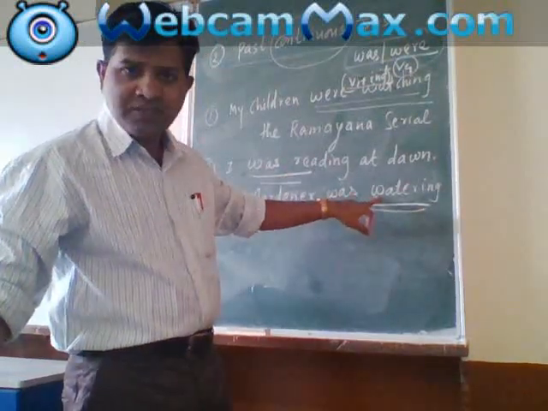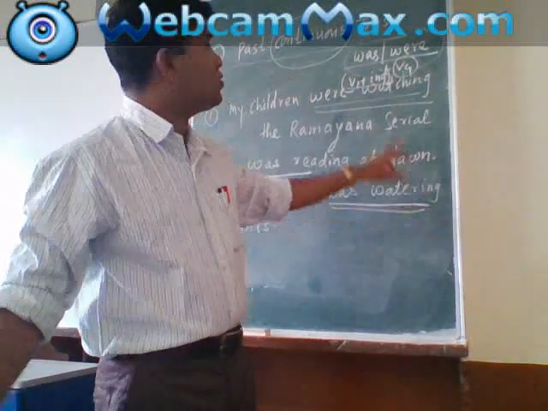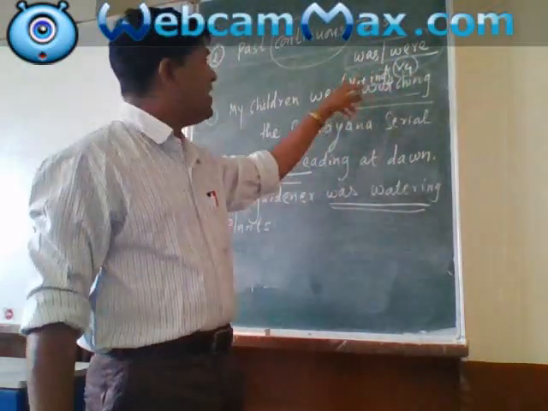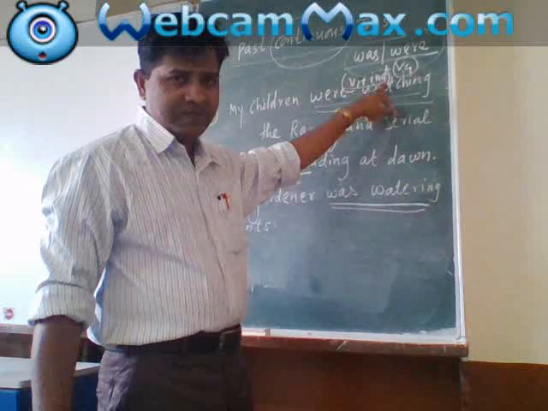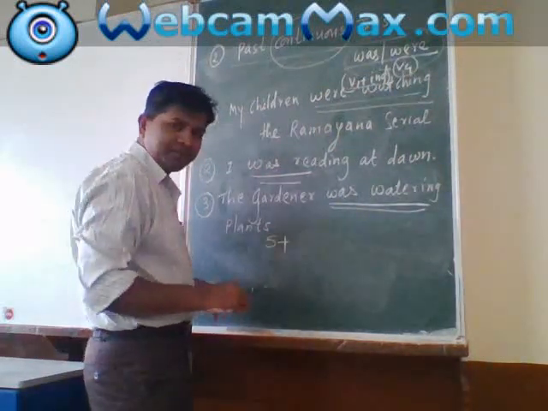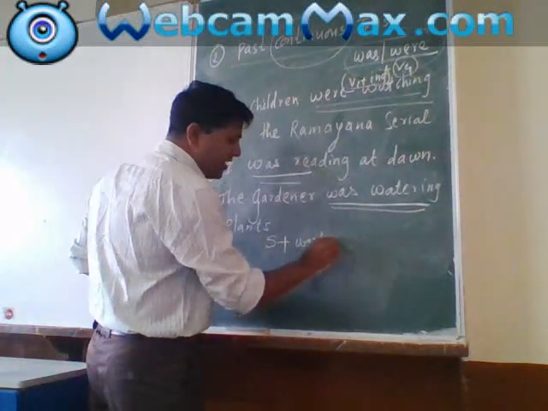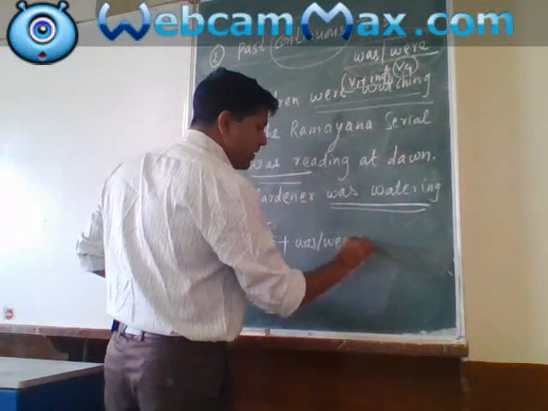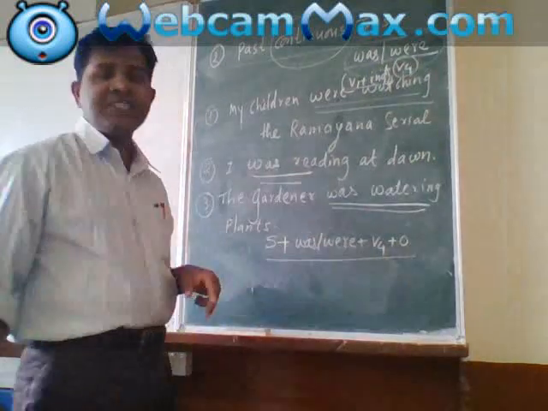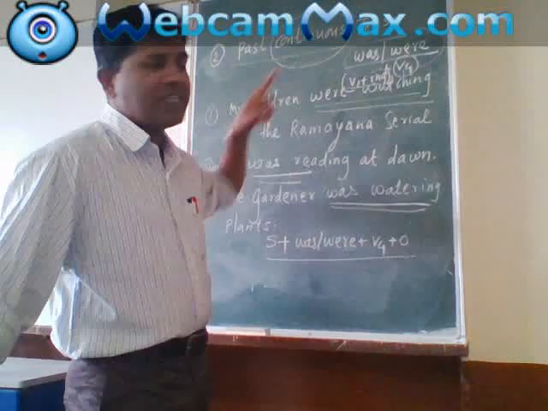And water, V1 plus ing: watering. So here was and were plus V4. So the pattern of the sentence is subject plus was or were plus V4 plus object. So it is the pattern of the sentence in past continuous tense.